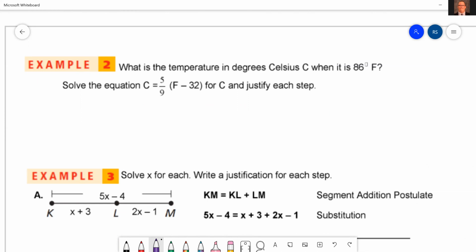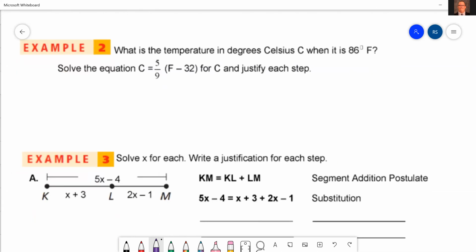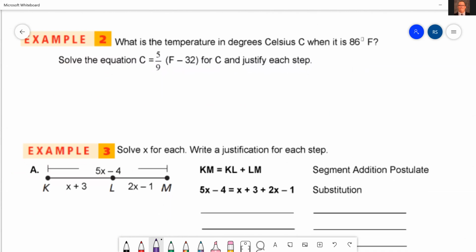Okay. So let's do it. Since we've got to justify, that means we have to do a proof. So let's go and make our table here. Get ready for it, because a proof is coming.